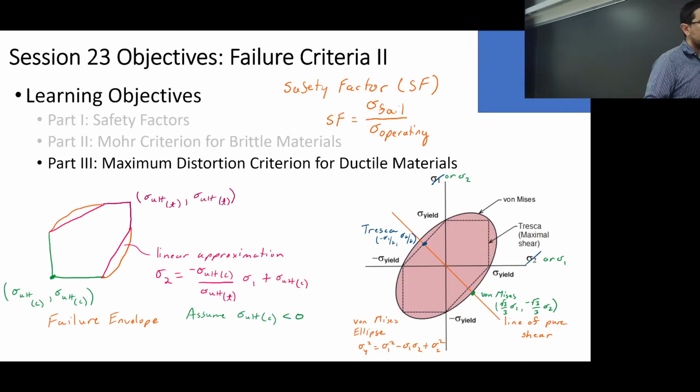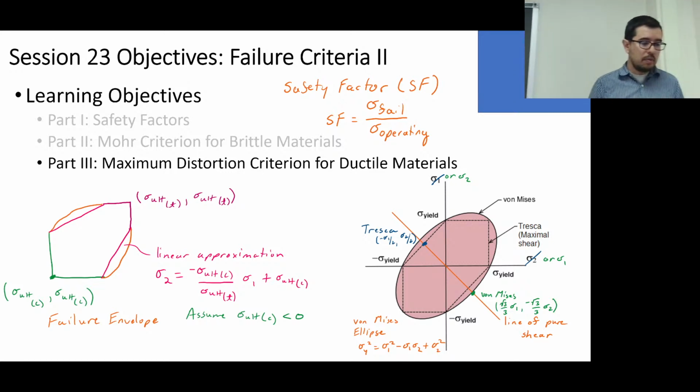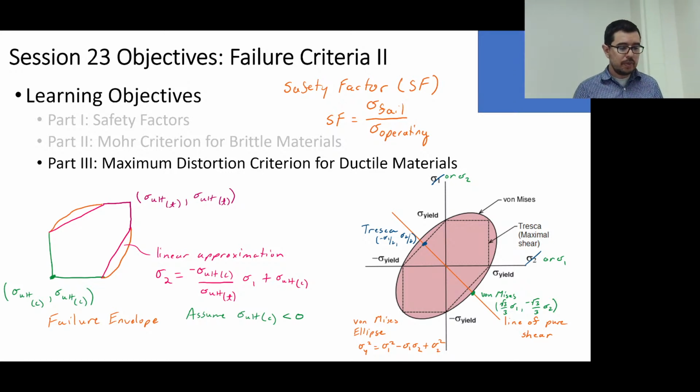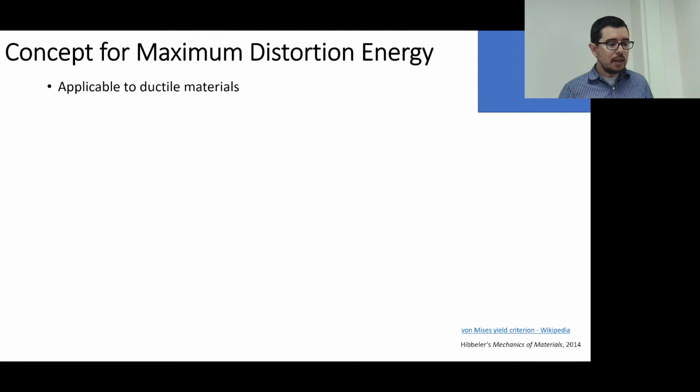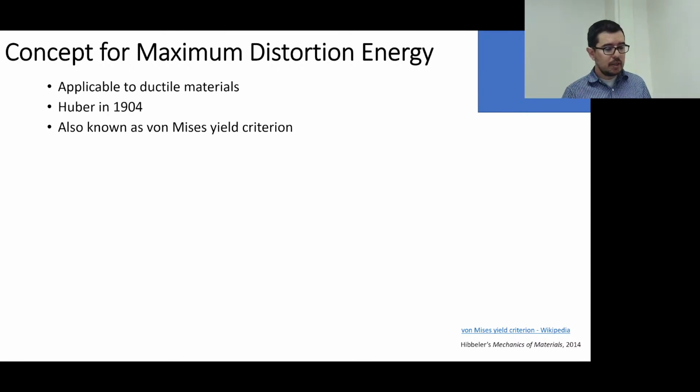So, here we go, maximum distortion criterion. The concept of maximum distortion energy was discussed, I guess, by Huber in 1904. It's also known as the von Mises yield criterion, and also the Maxwell-Huber-Hencky-von Mises theory.